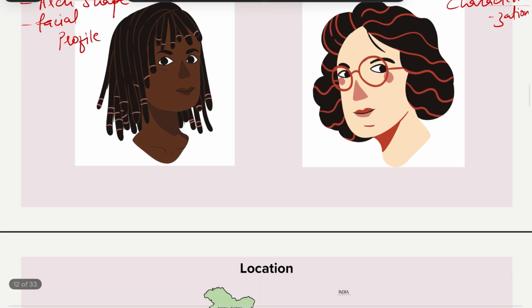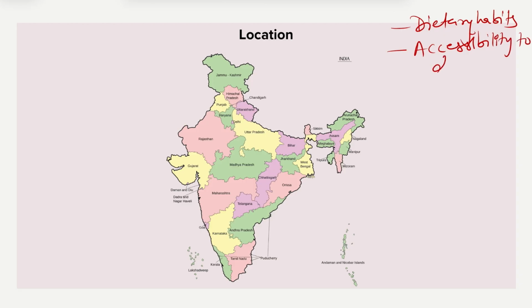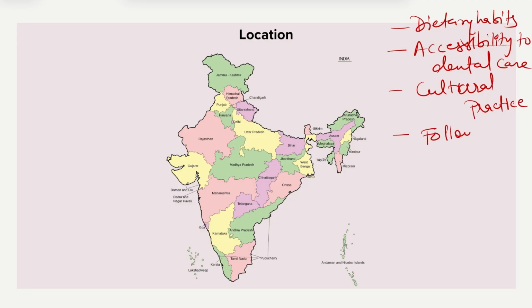Then after race, we have location. The patient's place of residence provides useful information regarding dietary habits, accessibility to dental care, cultural practice, and follow-up possibilities.